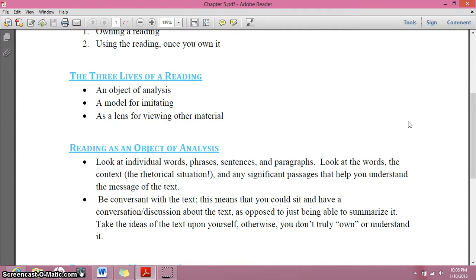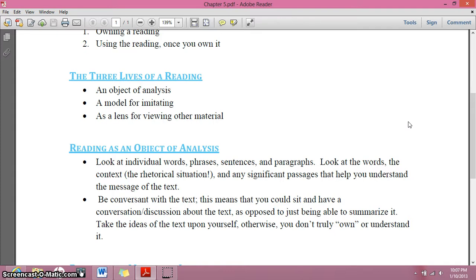How did they develop a paragraph in order to be more persuasive and more engaging? So you can look at the words like that, but you can also look at the context, which is the rhetorical situation, as I discussed in the last lecture. So the rhetorical situation is huge when you're analyzing something. And you can, again, look at any significant passages that help you to understand the message of the text. So I'm not going to beat analysis any more to death.